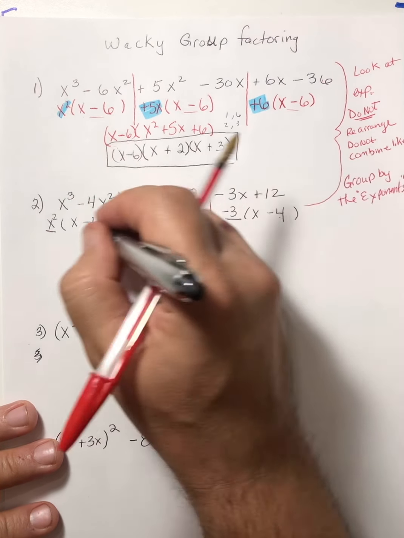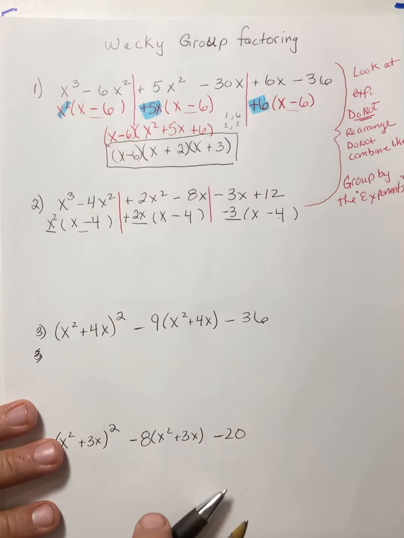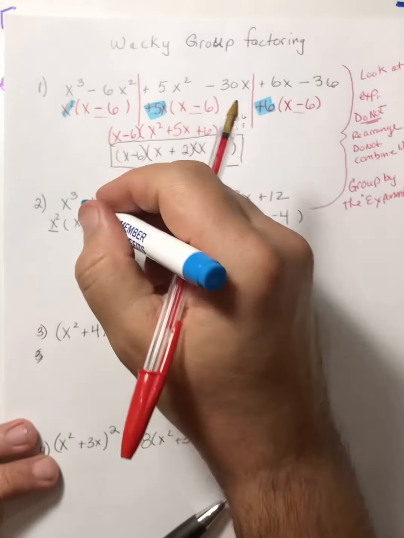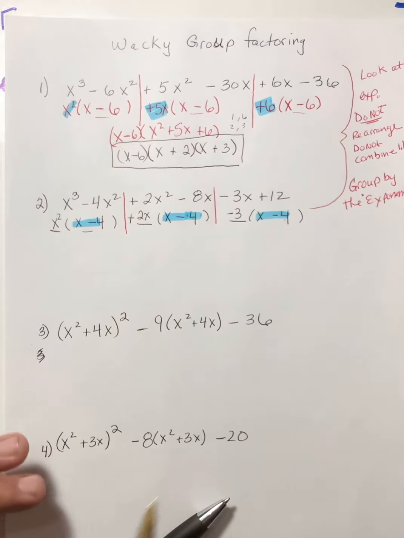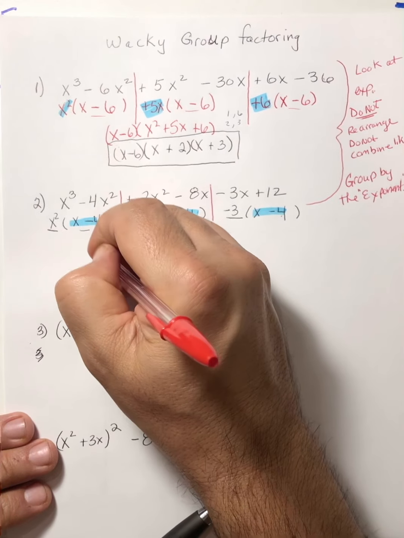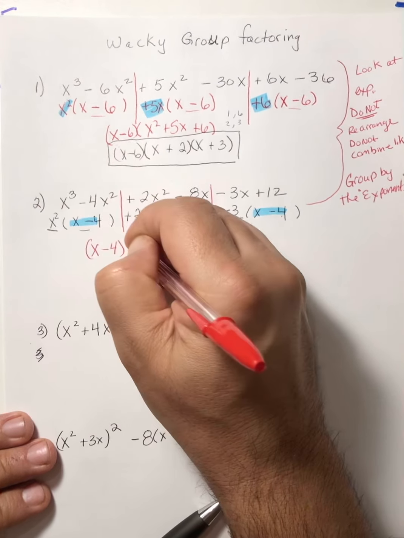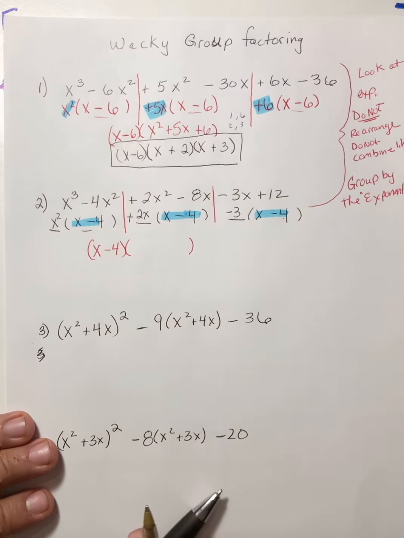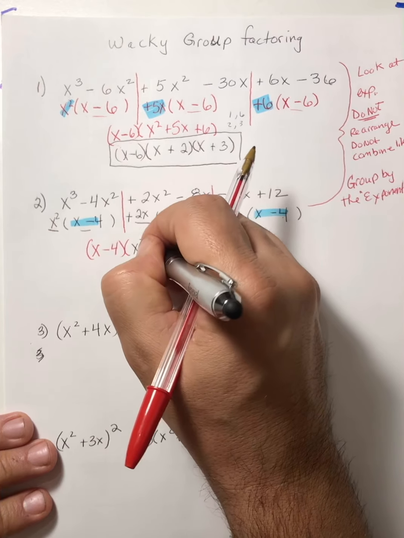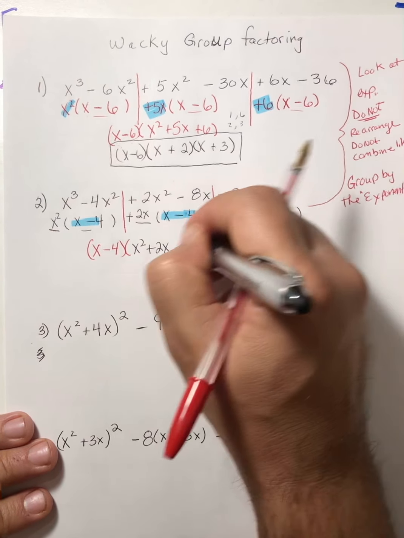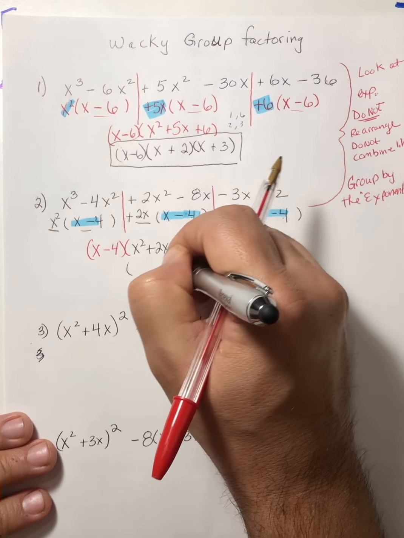So here we go. All of these are exactly the same. They're all the same. So I have an x minus 4. And then on the inside, we have x squared plus 2x minus 3. And that can get factored more.